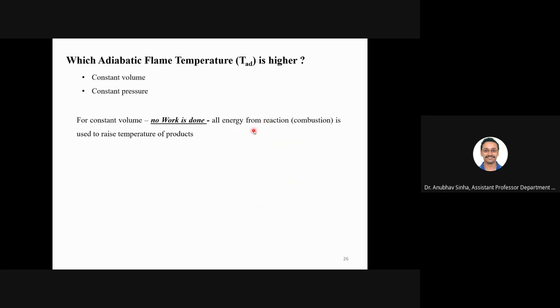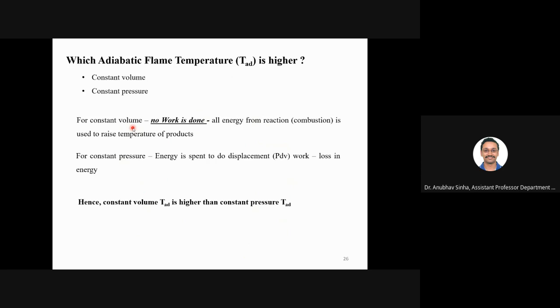All the energy is going to heat the product, so that will be higher. And constant pressure will do some PdV work, so the temperature will be slightly lower than constant volume. Fine. You all agree with this? Yes, sir. Okay, very good.